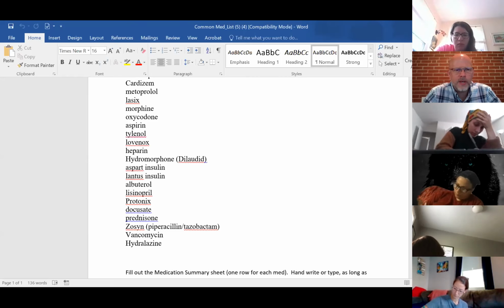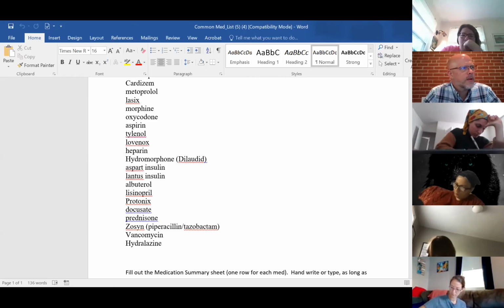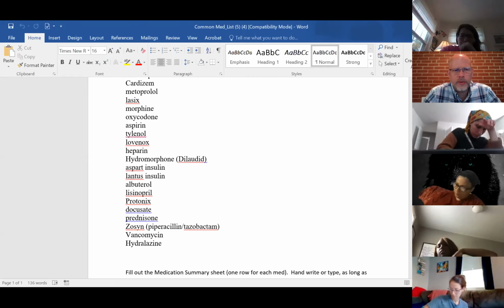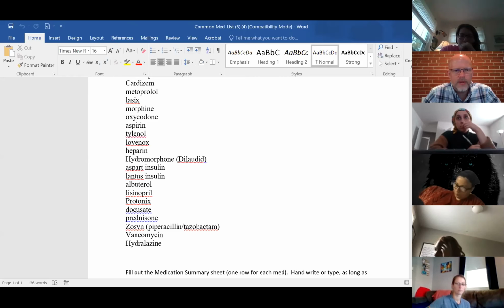I have taken care of patients who've had bowel obstructions from taking narcotics without a bowel regimen. Obviously, we're not giving these nearly as frequently as we used to in the hospital because we know, despite what the drug companies told us 10 years ago, they are addictive, even to patients who don't have a predisposition to addiction.